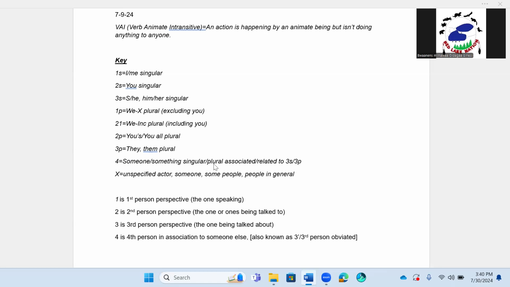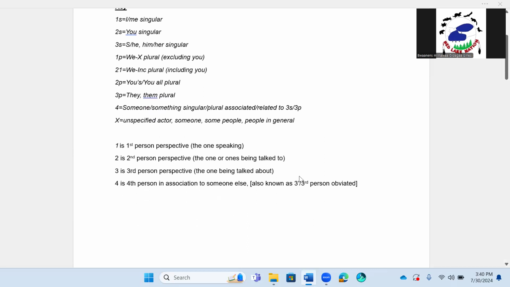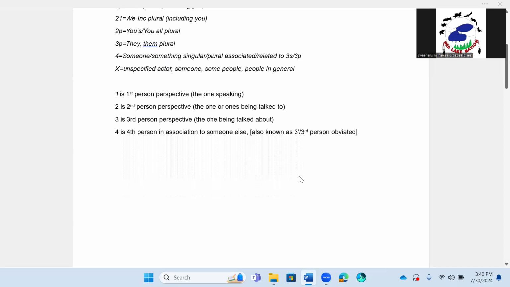It can either be singular or plural, or associated or related to the third person or third persons, more than one, also known as fourth person marker. And we won't get into that until a little bit later on. And then X, you might see an X for an unspecified actor, someone, some people, or people in general. And we won't talk about that till later on in our language table.